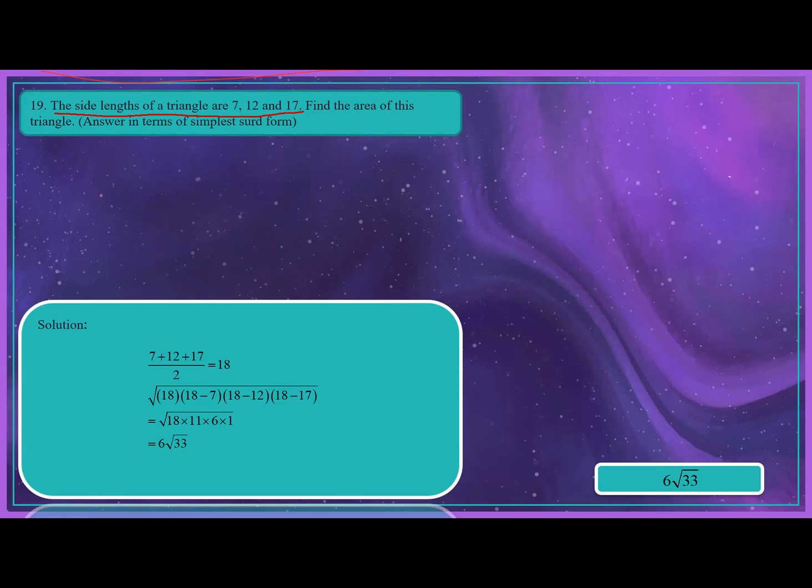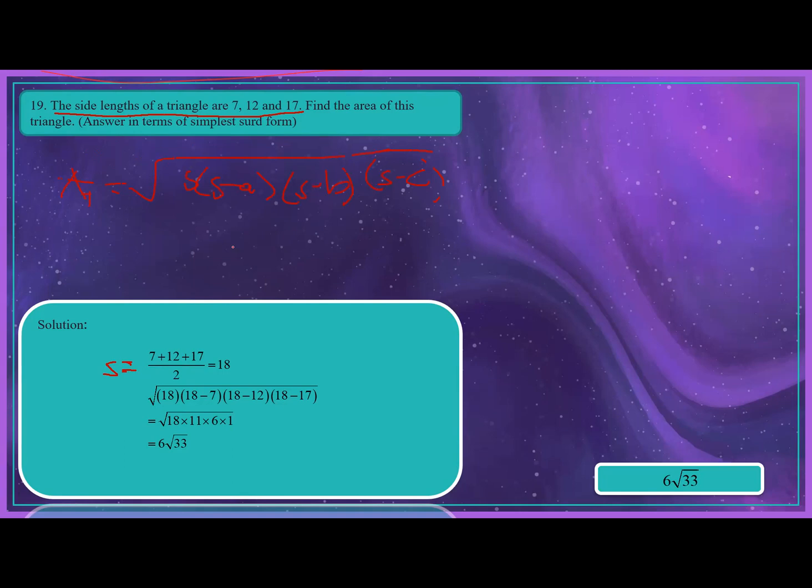So basically use Heron's formula, which is area of a triangle is square root of s times (s minus a) times (s minus b) times (s minus c), where a, b, c are the sides of the triangle and s is the semi-perimeter, which is equivalent to (a plus b plus c) divided by 2. So in this case, this is equal to 18.